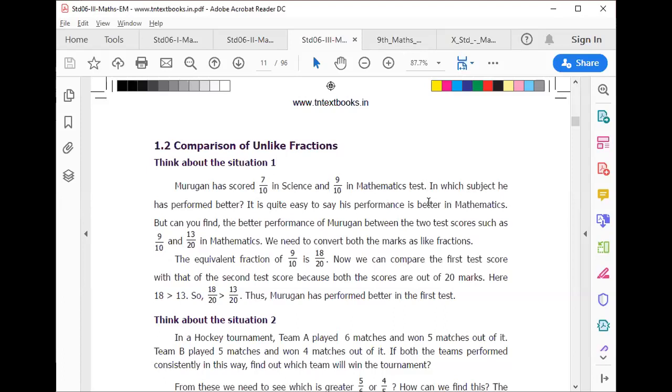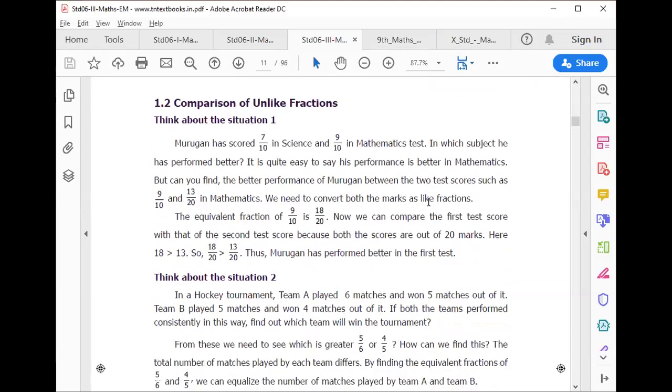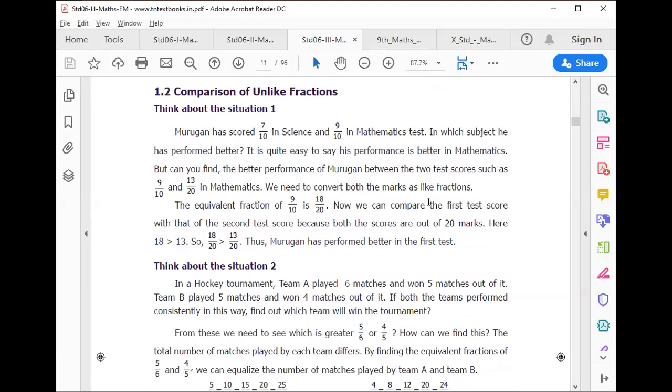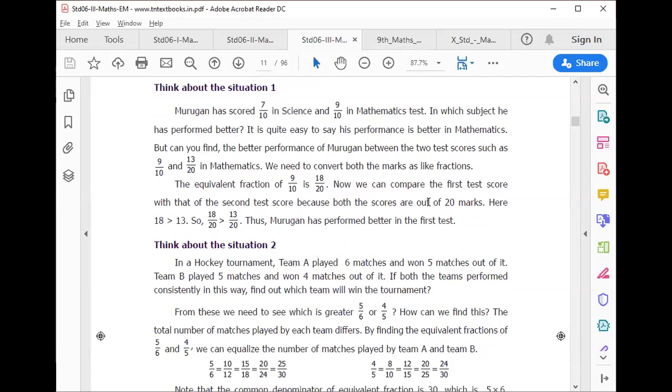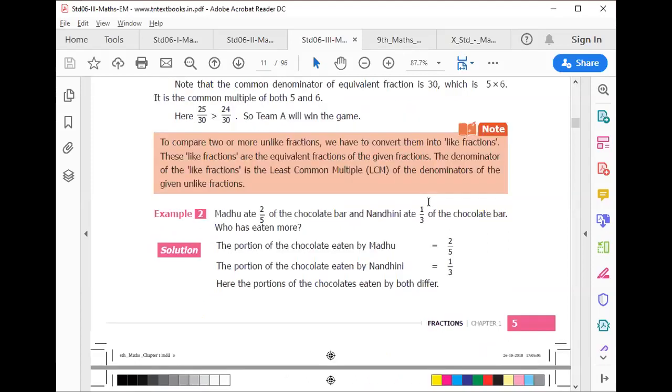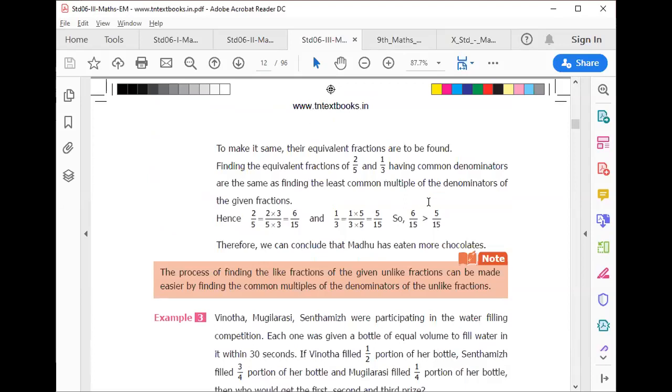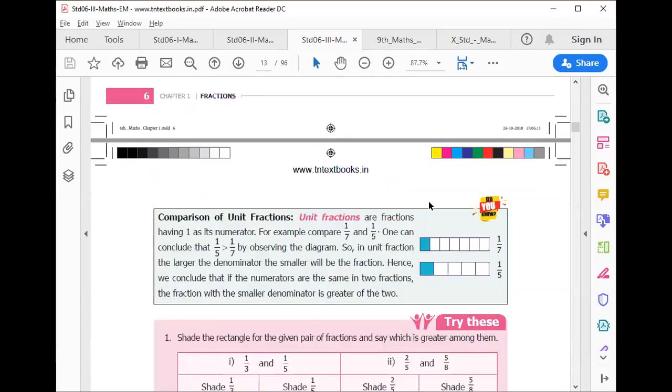Then there is a similar situation which involves unlike fractions. So they start with word problems when comparing, which is a good idea. And then they talk about equivalent fractions, of course.